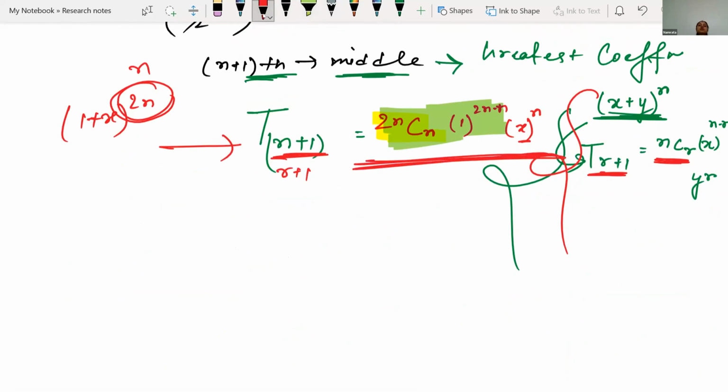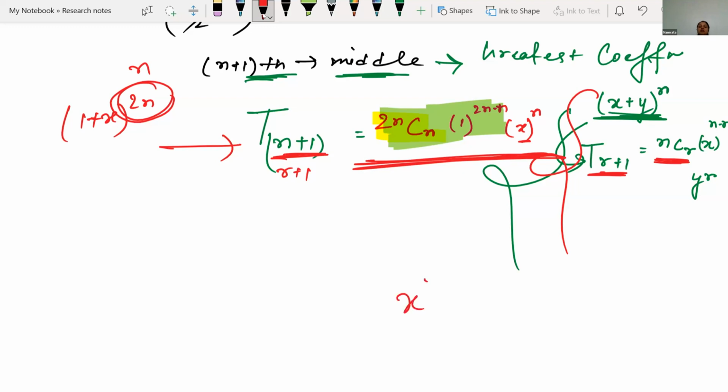That is the difference between binomial coefficient and the term. Term means everything, your (r + 1)th term, with x, y, everything in it. Binomial coefficient means only nCr you have to take. Coefficient means any extra number apart from the variables, everything you have to take as a coefficient.